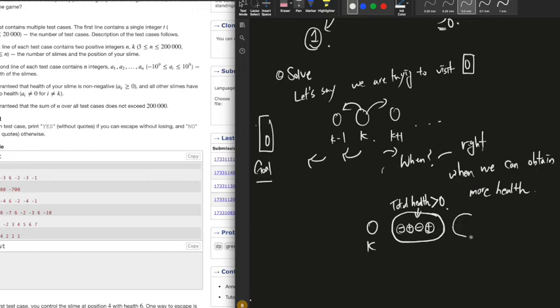So there will be more groups and their total health will be greater than 0. Yeah, that's the main idea of solving this problem.